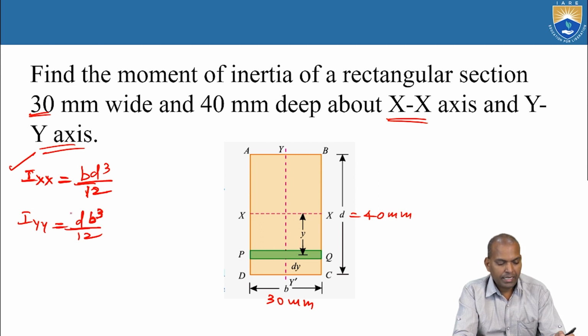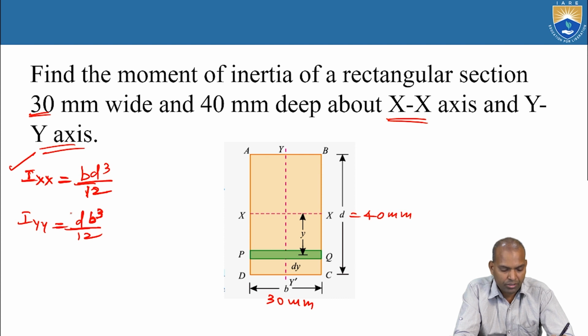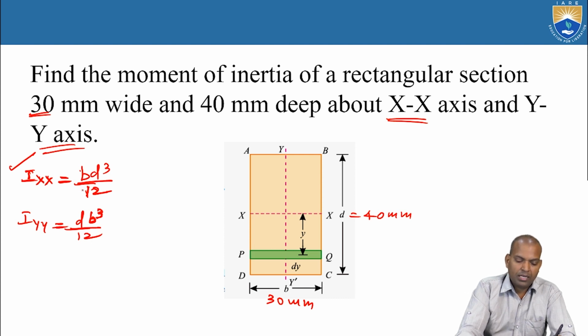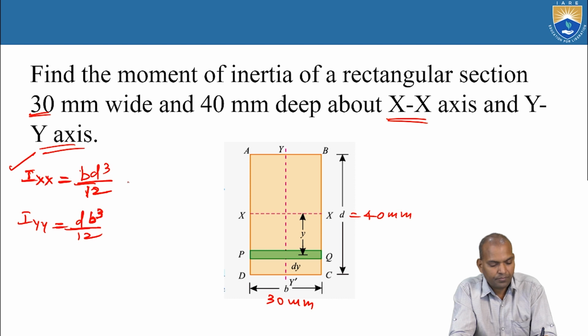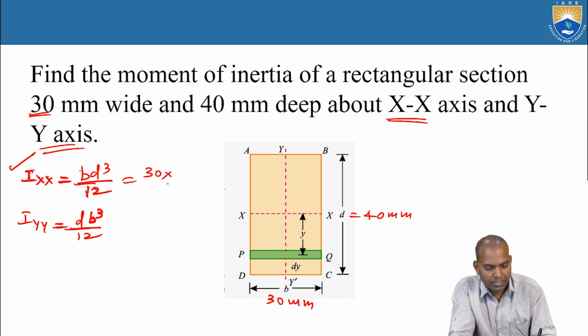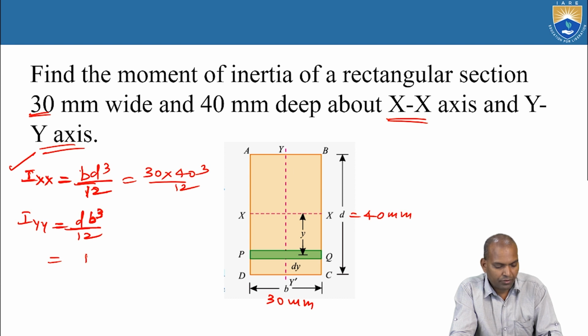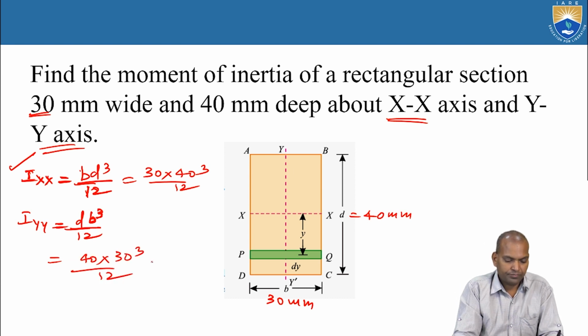Now Ixx equals BD cube by 12. Substitute B as 30 millimeters and D as 40 millimeters: 30 times 40 cube by 12. And Iyy, D times B cube by 12, 40 times 30 cube by 12.